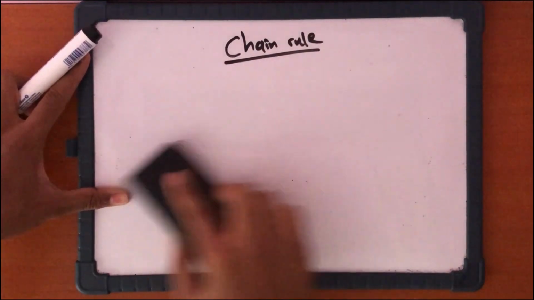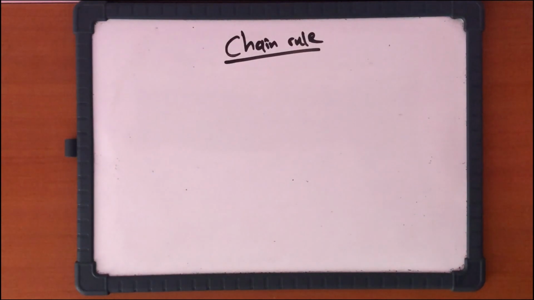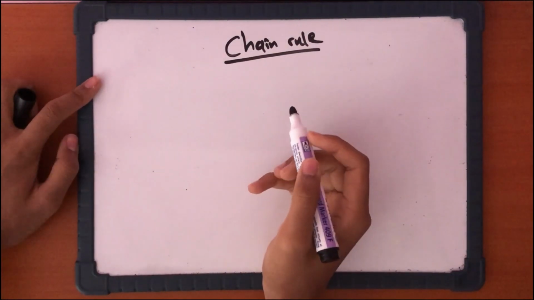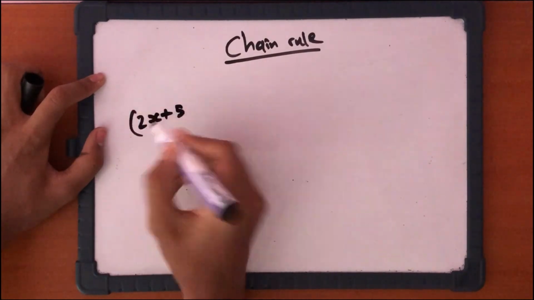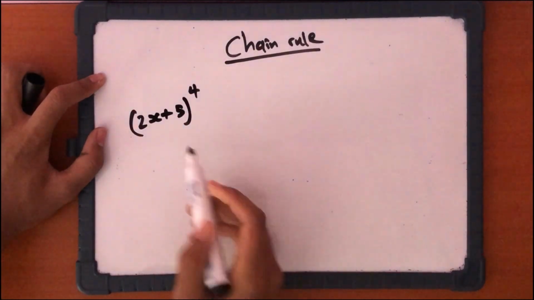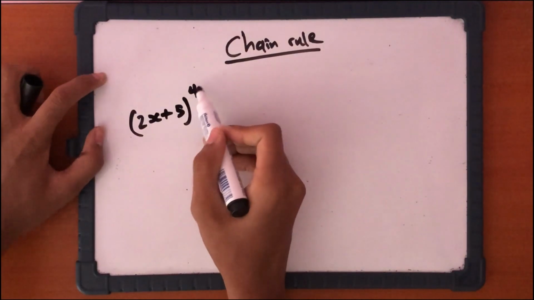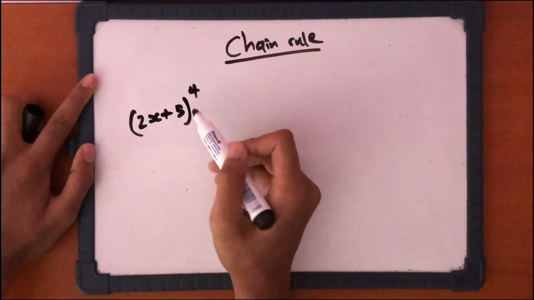So chain rule now applies to all the basic definitions I've shown before, and when you have binomial brackets, when a certain bracket is raised to a large power. Let me show you what chain rule is. Let's say you have 2x plus 5 all raised to 4. Now if you were to open these brackets by multiplying the brackets 4 times, that will take you very long.